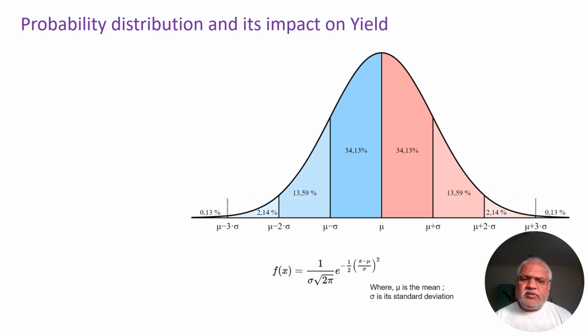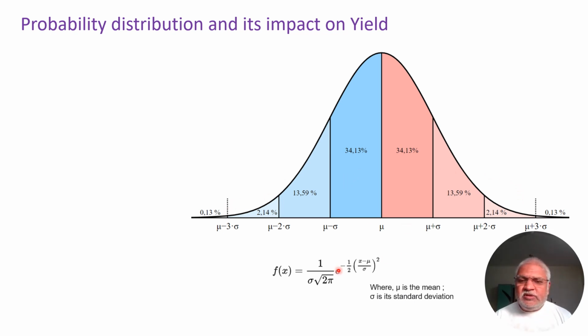Let us analyze a little more on the probability distribution and the different parameters associated with it. This is the probability density function. Here mu is the mean, sigma is the standard deviation, and x is the design parameter. We can consider this as drain source current, linear current or the VTH value.